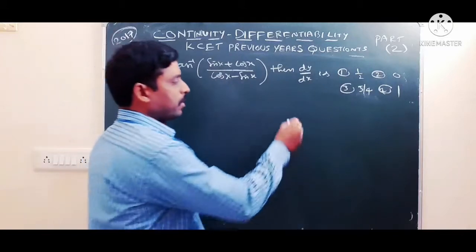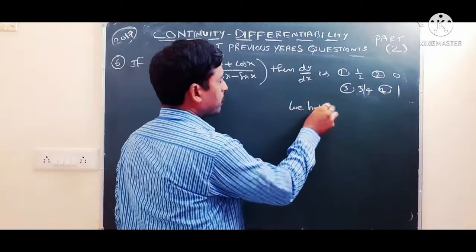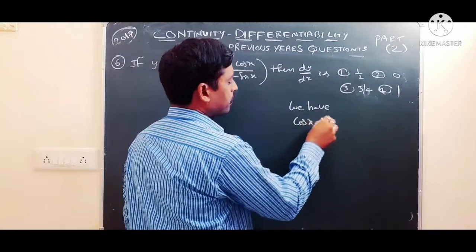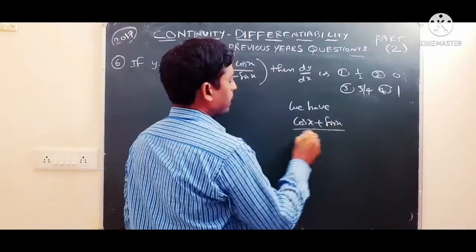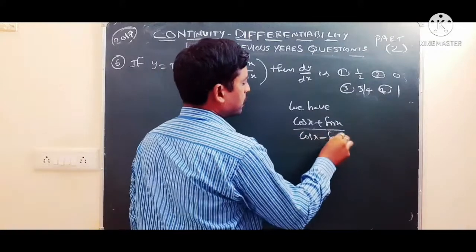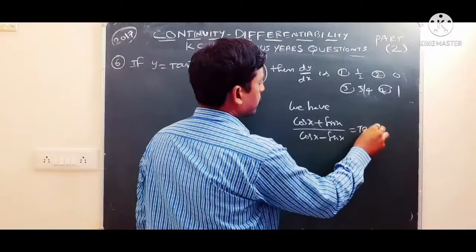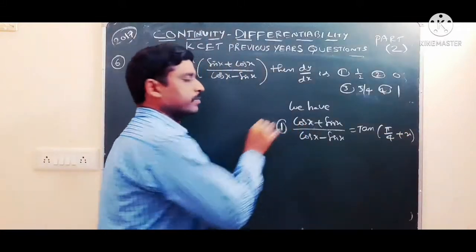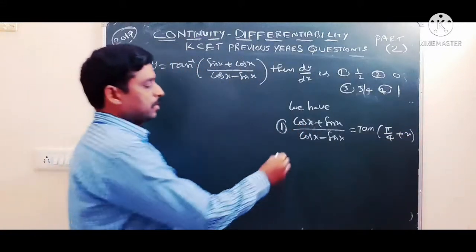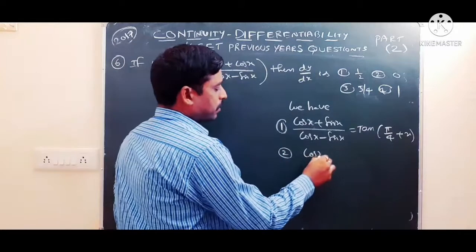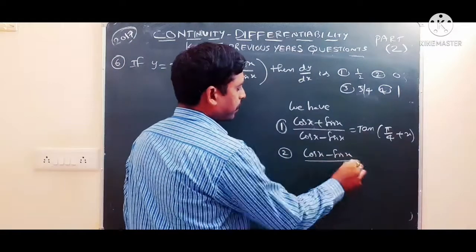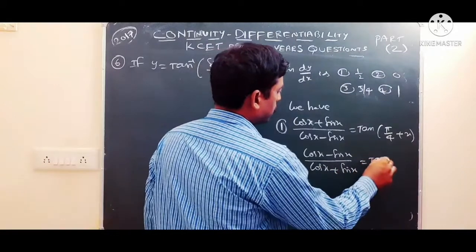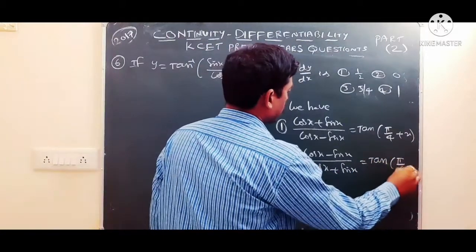We have cos x plus sin x by cos x minus sin x, and this formula is tan of pi by 4 plus x. Next, cos x minus sin x by cos x plus sin x, this formula is tan of pi by 4 minus x.